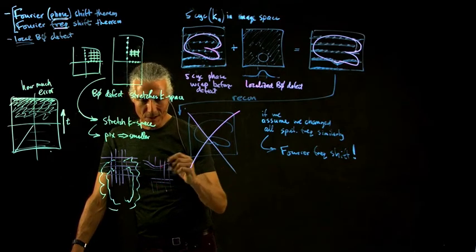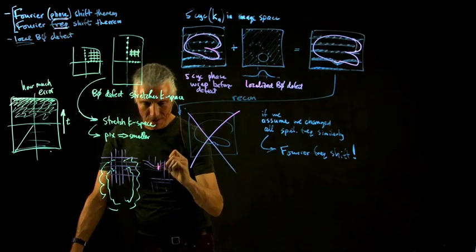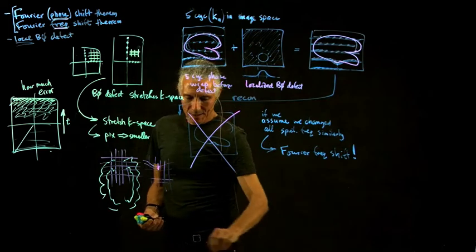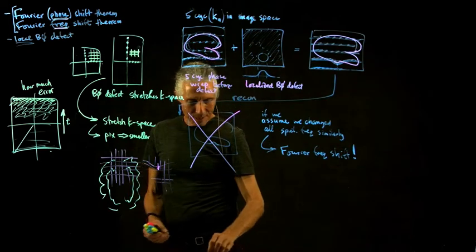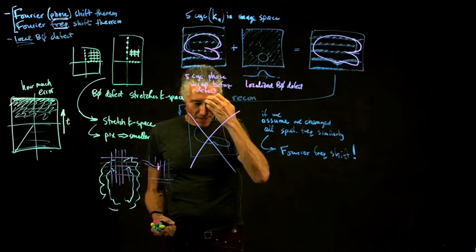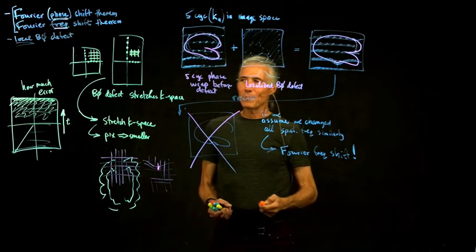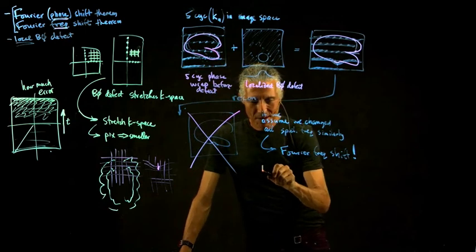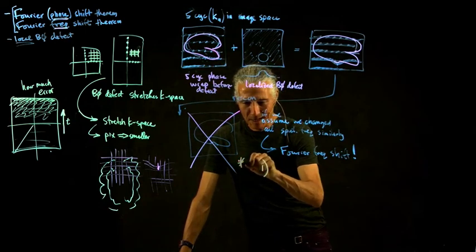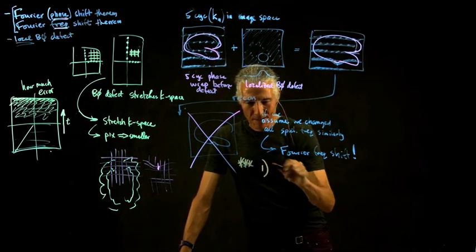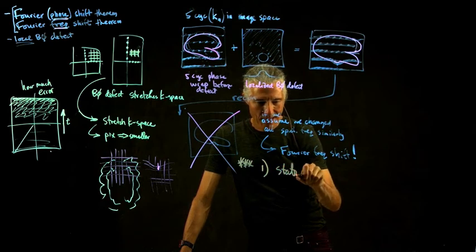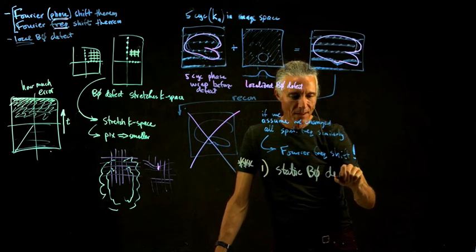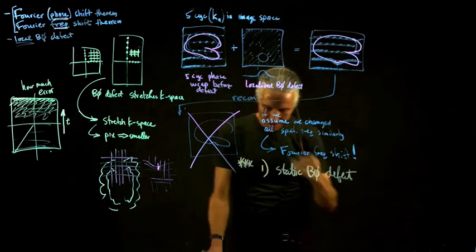And what that will look like is an actual shift, a spatial shift, because you scrunch the pixels. And so what really causes the B0 defect? So here's the bottom line. So you have a static B0 defect, like the air in the nasal passages.